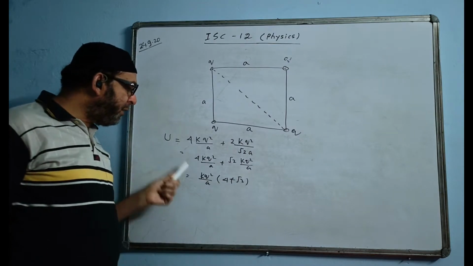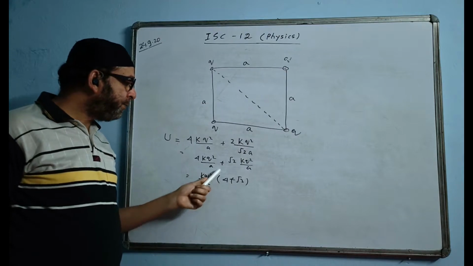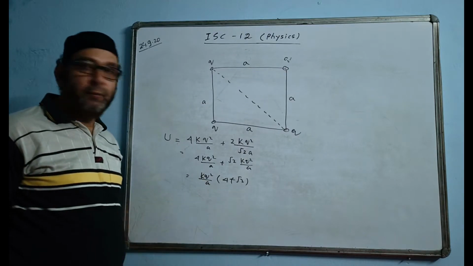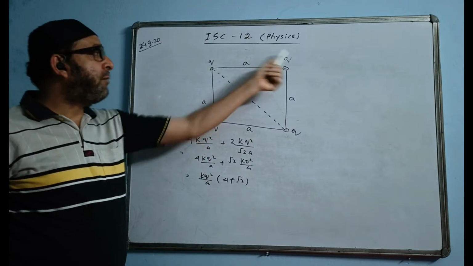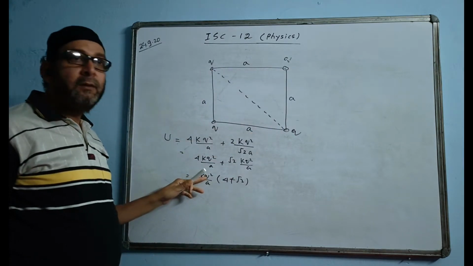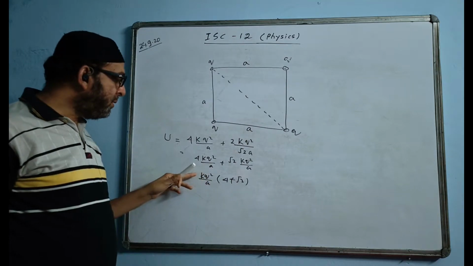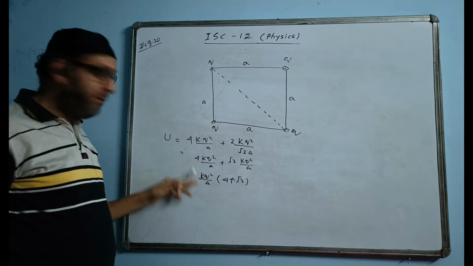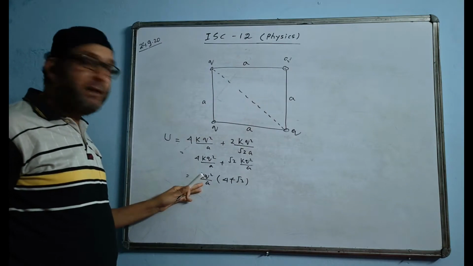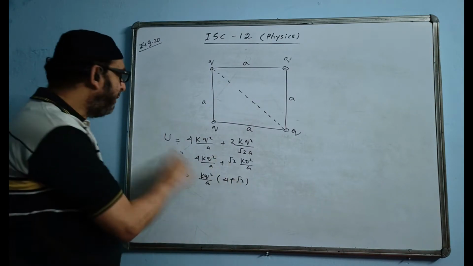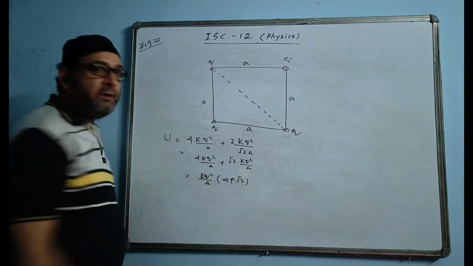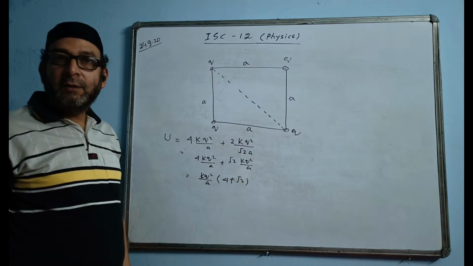The value of the total potential energy will be K Q squared by A times the bracket 4 plus root 2. If they give values like Q as 1 microcoulomb, you can put that value: 1 into 10 to the minus 6, squared. K value is 9 into 10 to the power 9. The side is given in whatever unit; we change that to meters and write it. Then calculate 4 plus root 2, and write the unit for U as joule because it is a kind of energy.